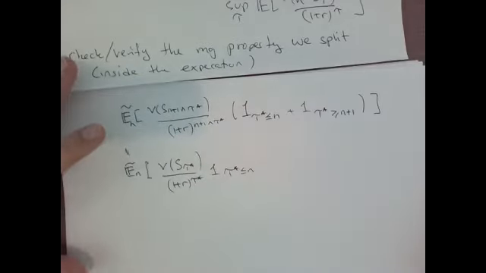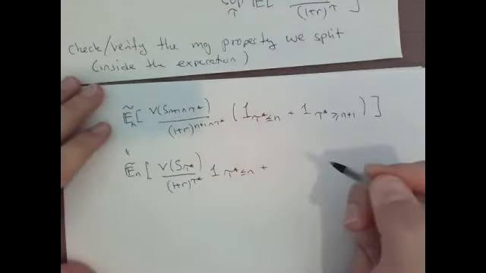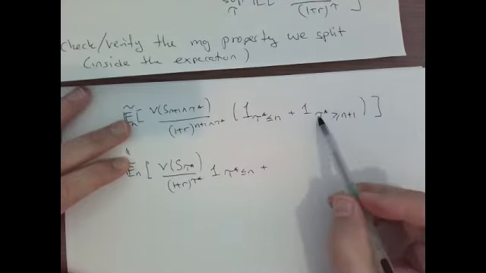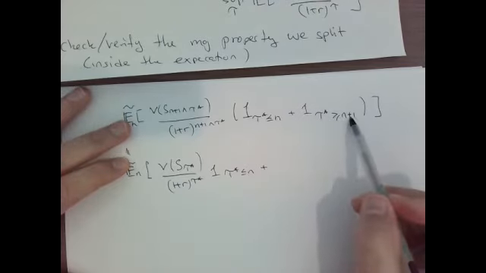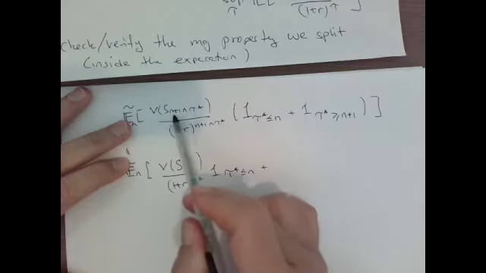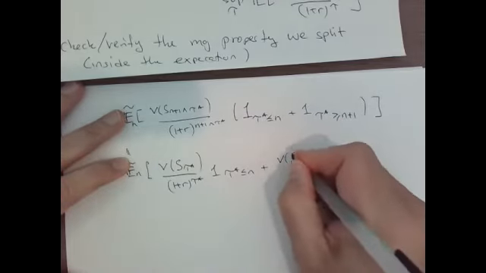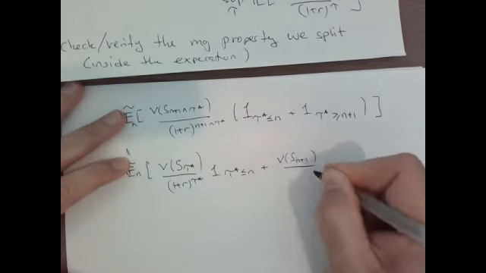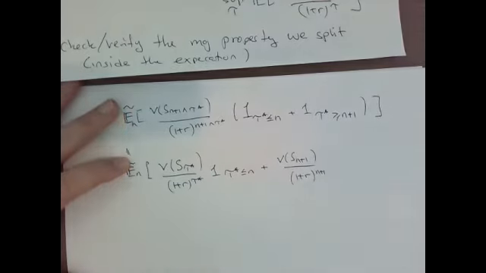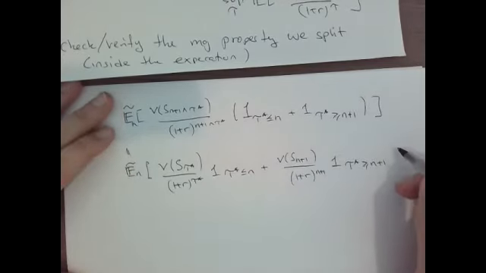And now on the other set, what happens here? Now τ* is bigger than n plus 1. Then the min between n plus 1 and τ* is going to be n plus 1 because τ* is bigger than n plus 1. So here we get V of S_{n+1} divided by 1 plus R to the power n plus 1 times the indicator that τ* is bigger than n plus 1.